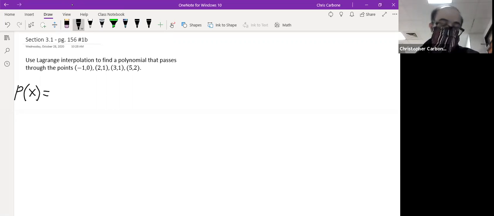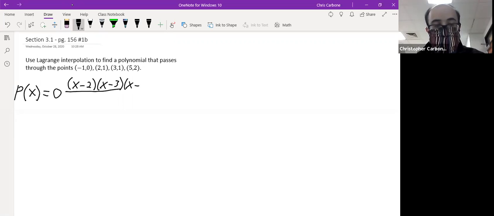And we first multiply by the value of y. In this case, we're going to start with the value of 0. And this will be multiplied by, and then we would go through each of these values of x, not starting with the one that we're on. So this would be x minus 2 times x minus 3 times x minus 5.